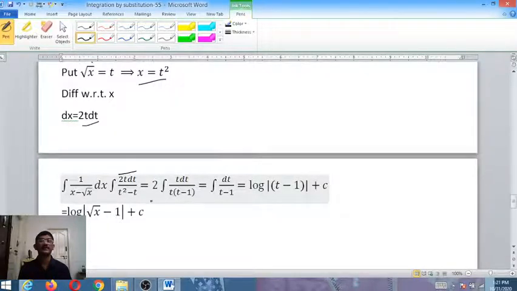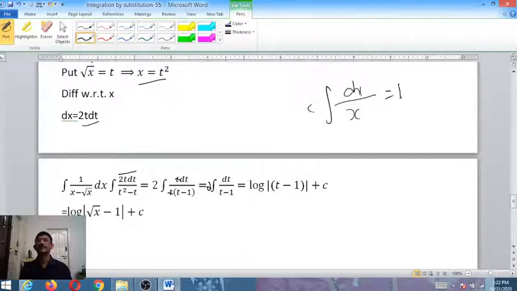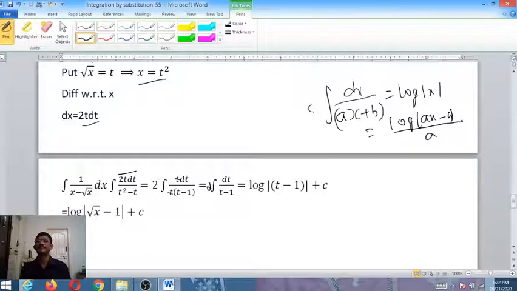So in the numerator we write 2t dt, and x is t square minus t. t is common here, the denominator is t minus 1, and here t gets cancelled. The integral of 2 into the integral of dt by t minus 1. Always remember the integral of dx divided by x is log of mod x. For any linear function, suppose ax plus b, the integral of dx by ax plus b is log of mod ax plus b divided by the coefficient of x, a, plus c.